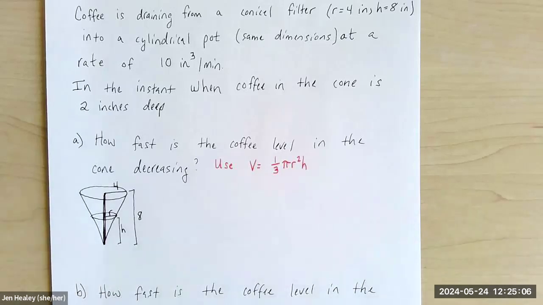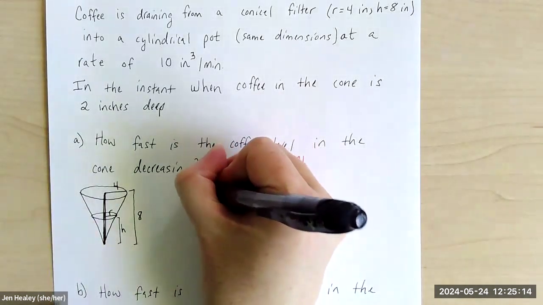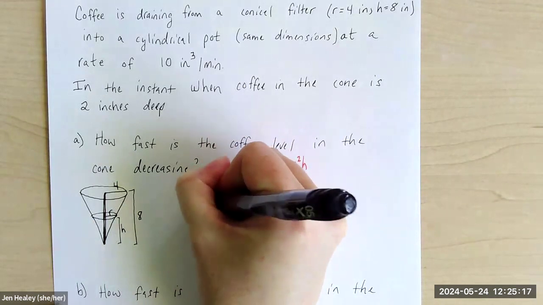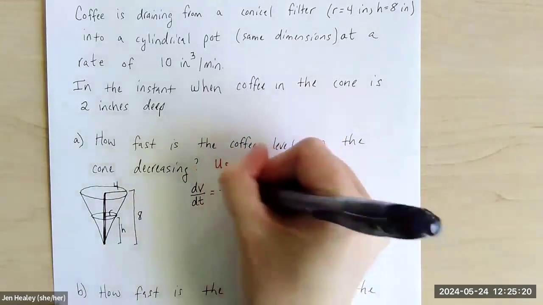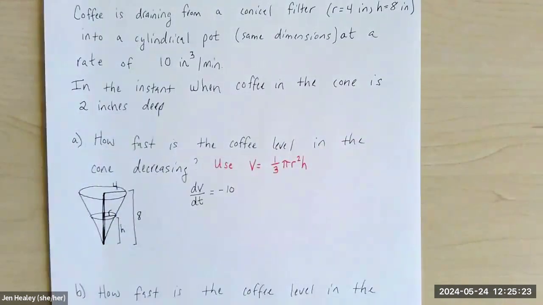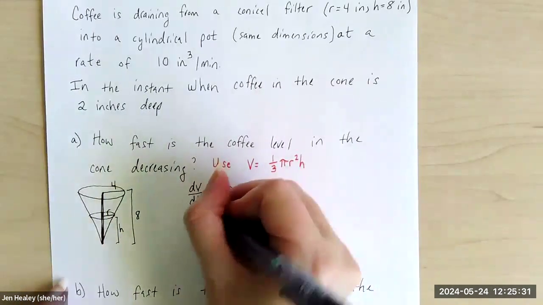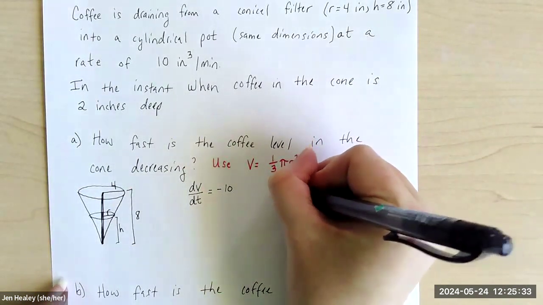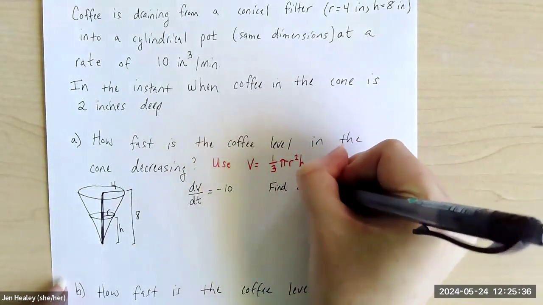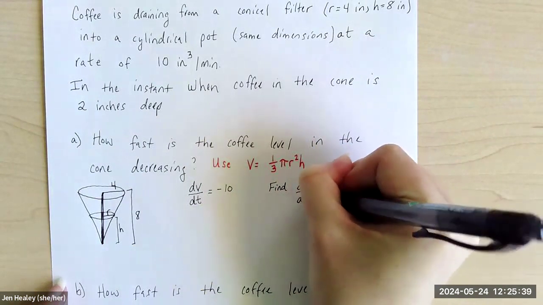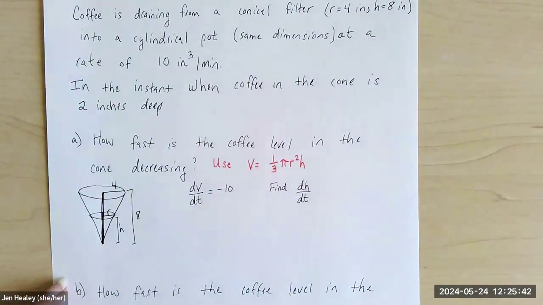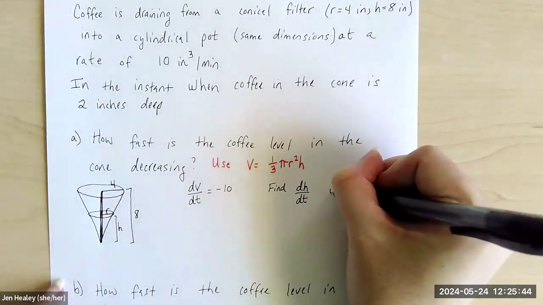They said coffee is draining from that cone at a rate of 10 inches cubed per minute. So what they gave us is dV/dt is negative 10. But they're asking us how fast is the coffee level decreasing? That's a change in height. So they want us to find dh/dt, specifically when h is equal to 2 inches.